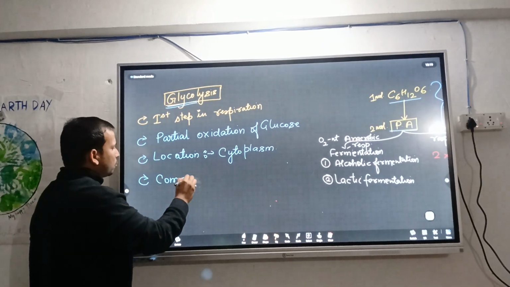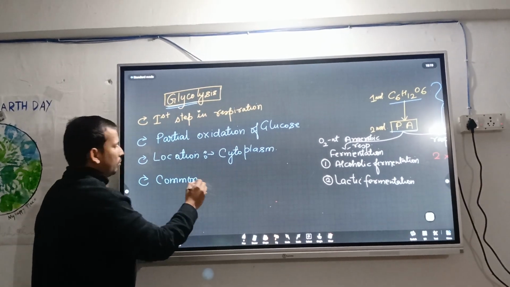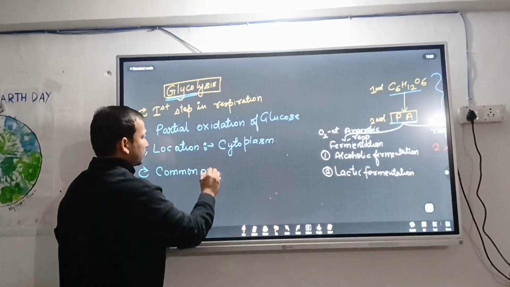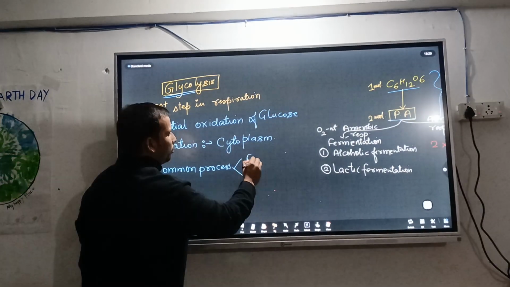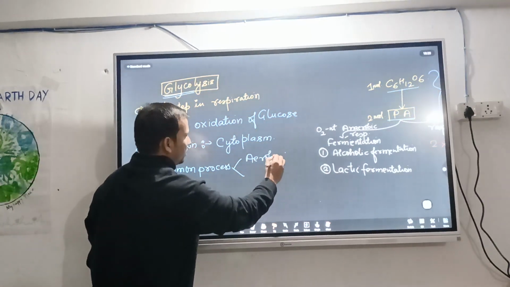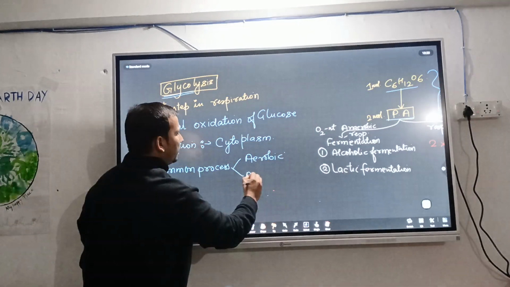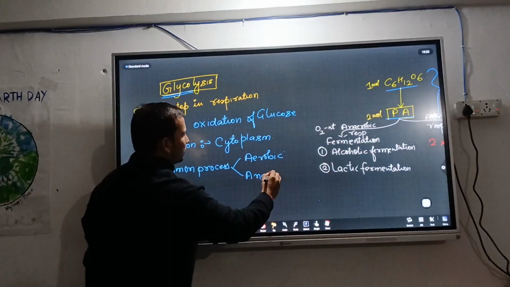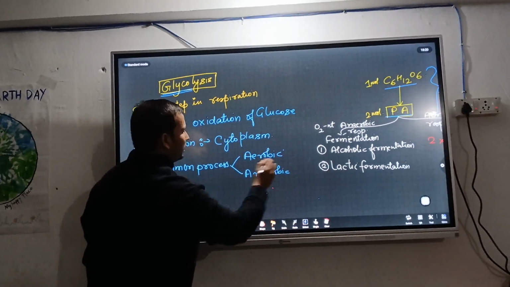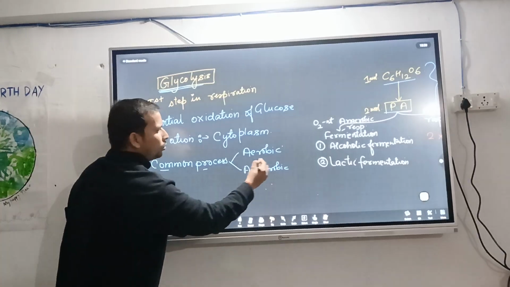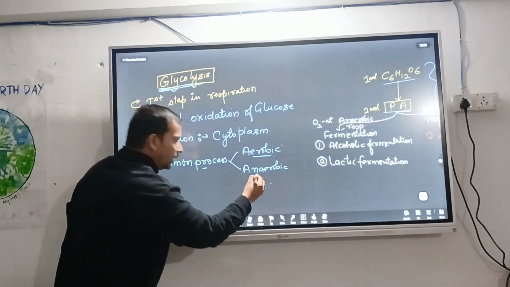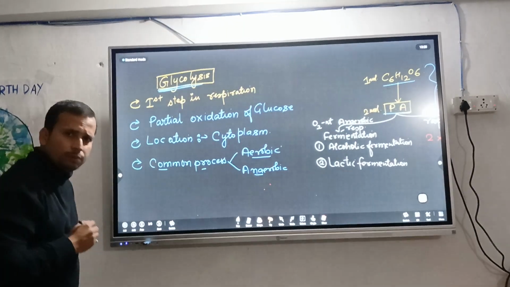Student, this process is common. This is the common process in both aerobic respiration and anaerobic respiration. Means this glycolysis is a common process in both aerobic as well as anaerobic. Sir, how is it possible?